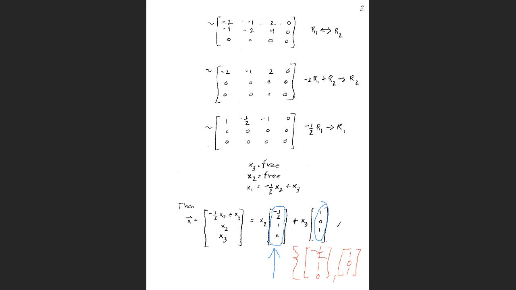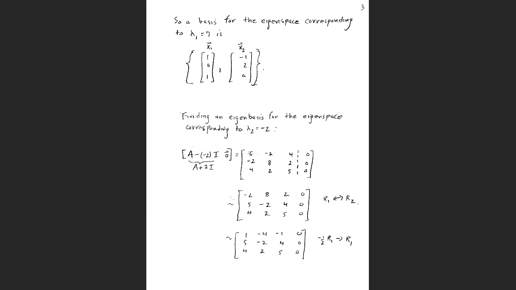But the fraction here is hard to work with. So I'm going to replace negative 1 half, 1, 0 with the eigenvector negative 1, 2, 0. Multiply that eigenvector by 2. And so this is going to get me my eigenbasis for lambda 1 equals 7.